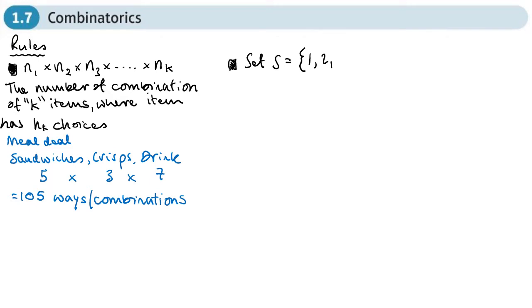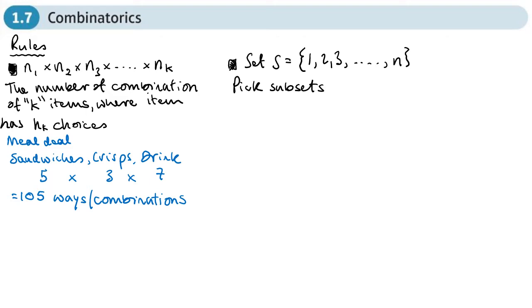So that's our first rule. Now our second rule is to do with sets. Now we can define a set. Let's say I've got a set S that has some items in it, and these items are going to be numbers. So let's say I've got a set that contains n items, and I want to pick subsets from that set.